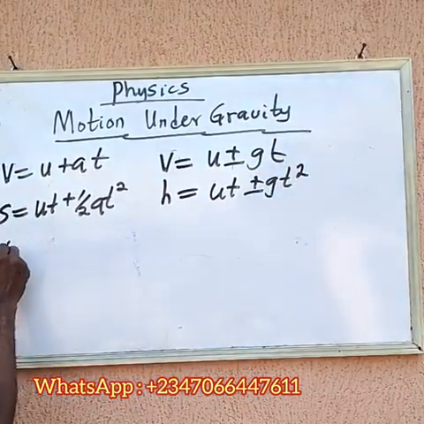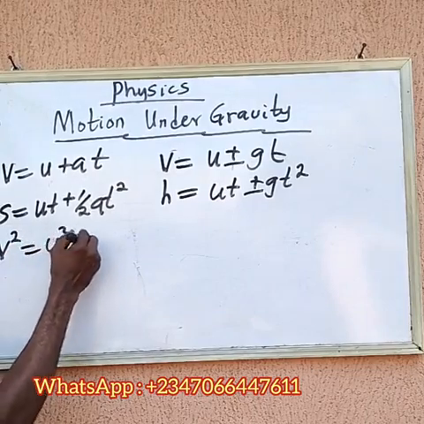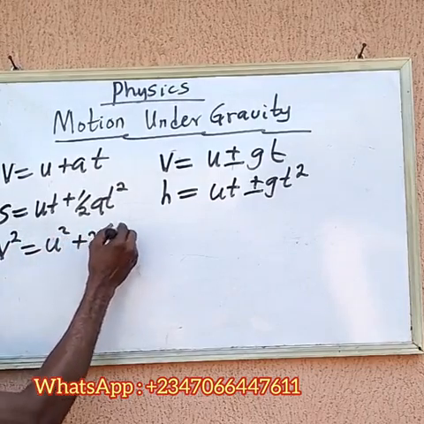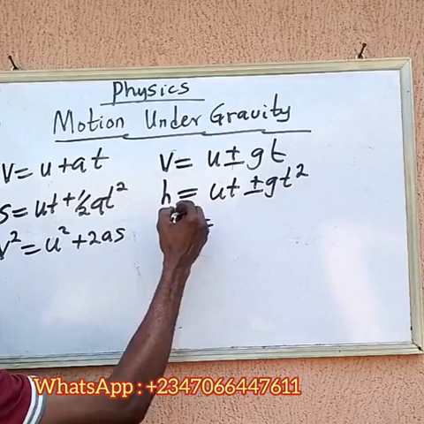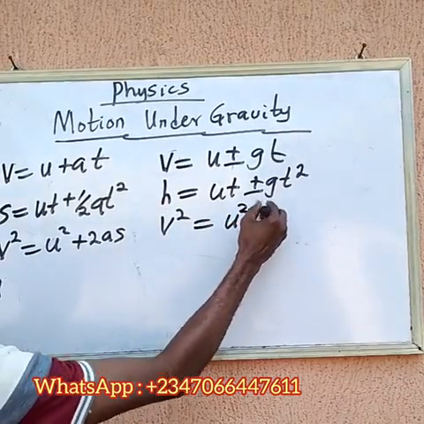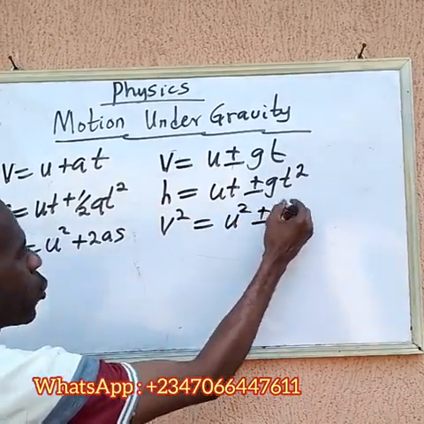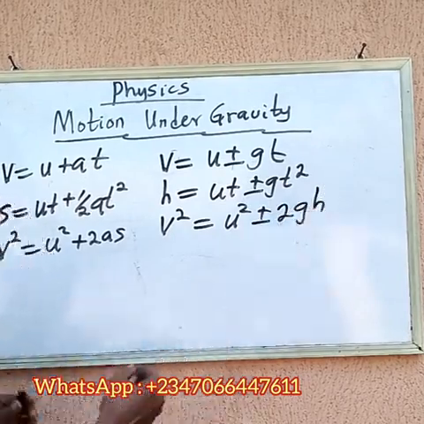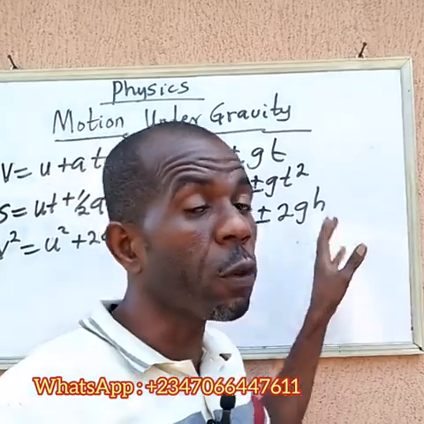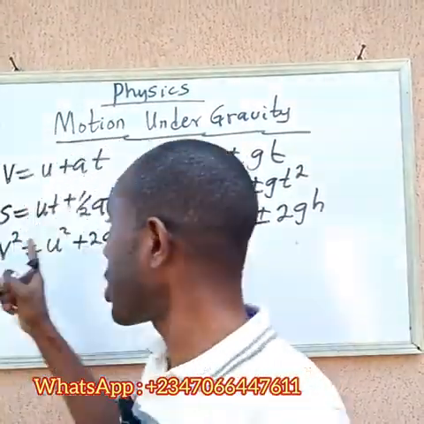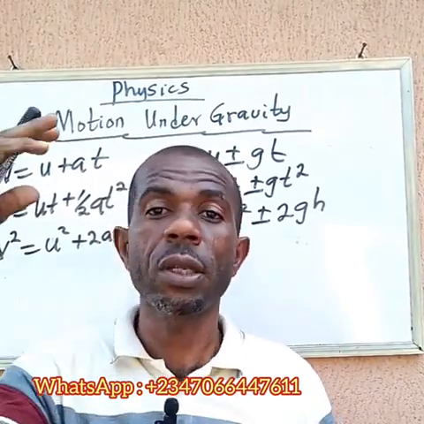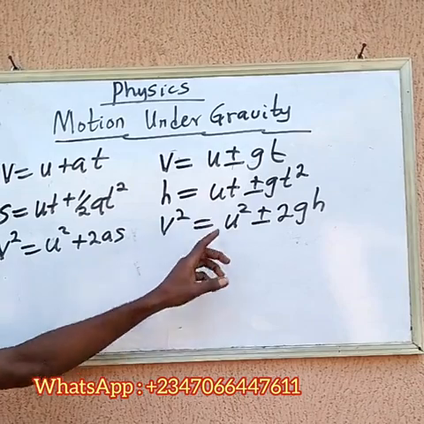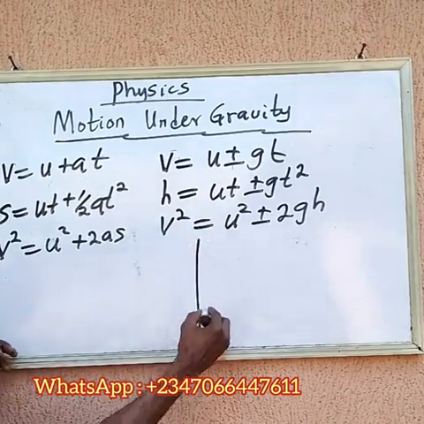We also have the formula v squared equal to u squared plus 2as. We replace this, and it becomes v squared equal to u squared plus or minus 2gh. So don't be confused. This h and this distance are the same. We're talking about the distance between 2 points. In motion under gravity, it is the maximum height attained.